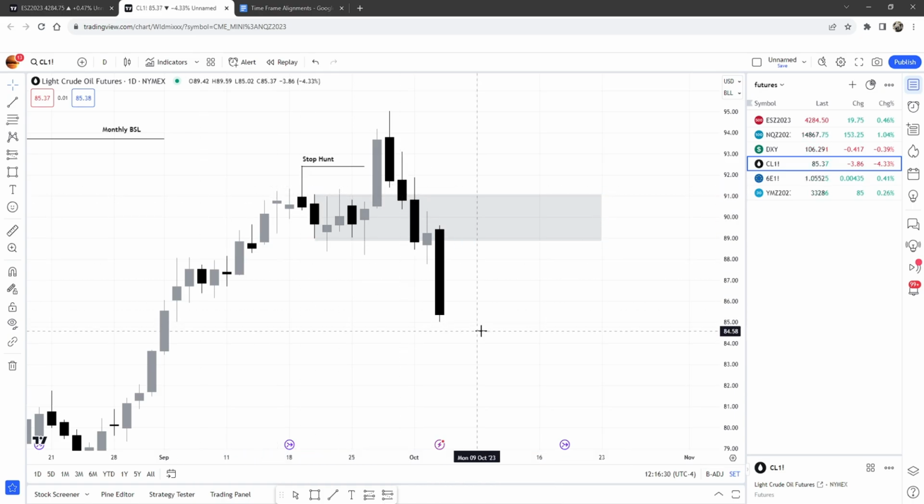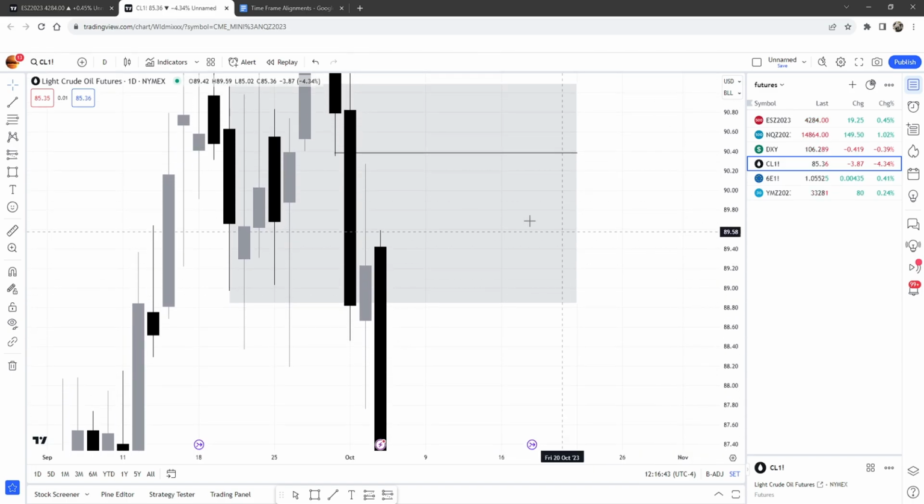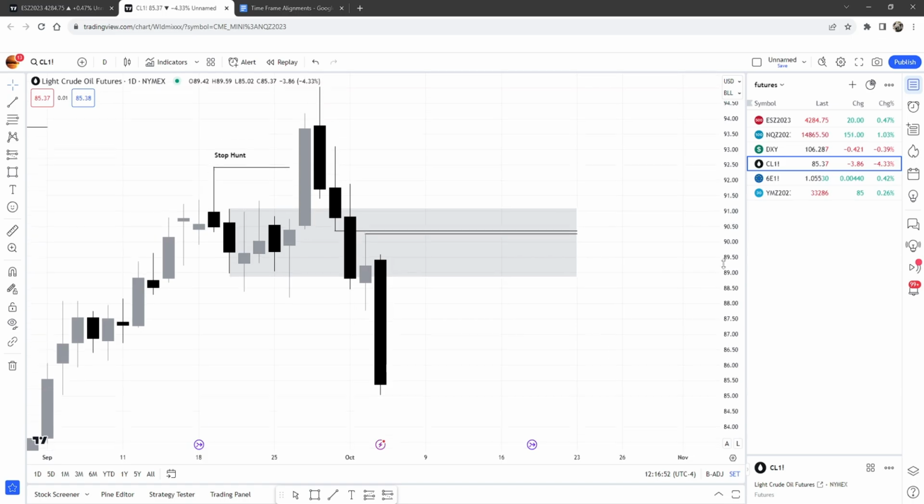So we get the displacement through the breaker block. You also have to have an FVG aligned with the breaker block. Yes, it's very small, but it is present. I'll zoom in so you can see it.